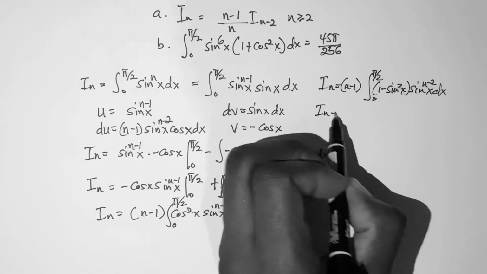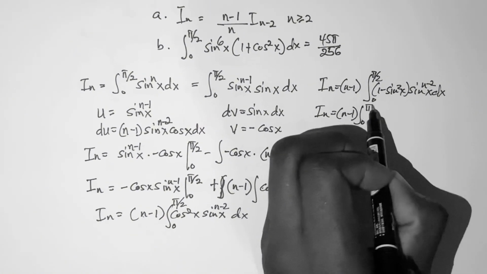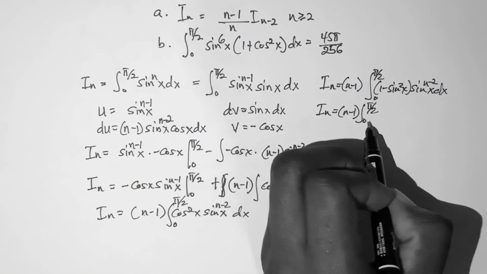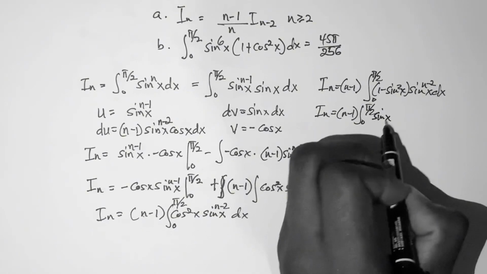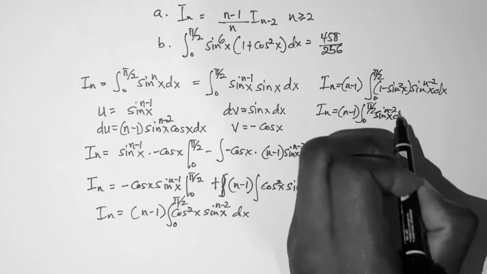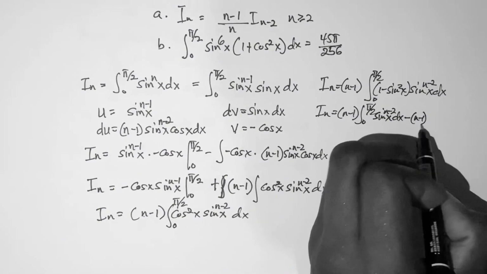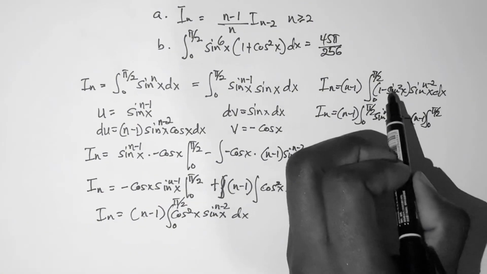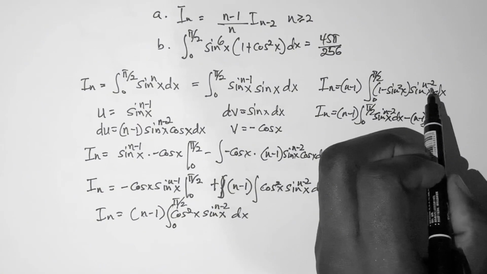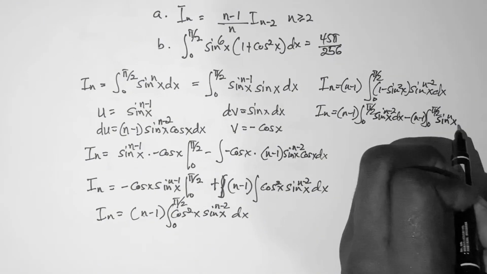So I of n is equal to n minus 1 times the integral from 0 to pi on 2 of sine x exponent n minus 2 dx, then minus n minus 1 times the integral from 0 to pi on 2 of sine squared x times sine x exponent n minus 2. If you do that multiplication, we'll be left with sine x exponent n dx.